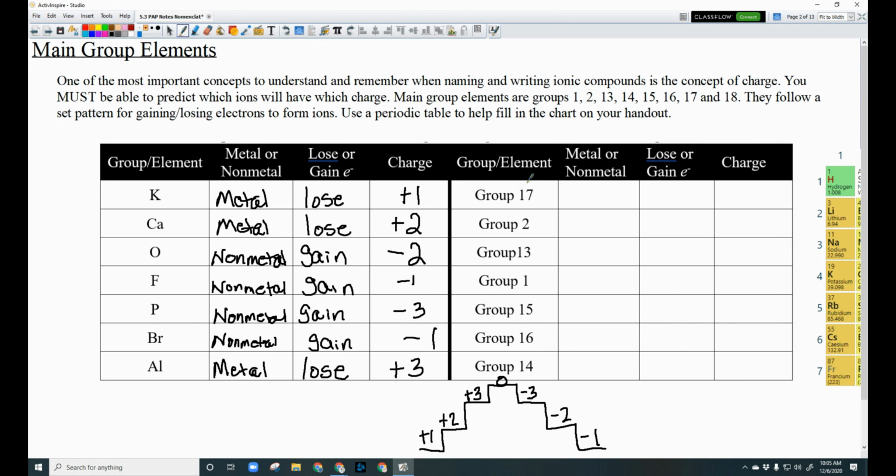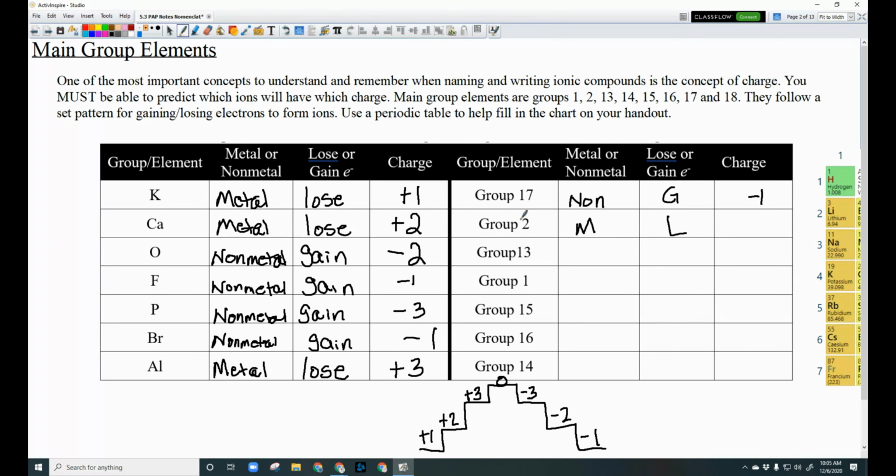So here we have group 17. Group 17 are nonmetals. I'm just going to write non. Okay, they're going to gain electrons. I'm just going to write a G. So all of group 17 is going to have a -1 charge. Okay, group 2 are the metals. Okay, they're going to gain or lose electrons.